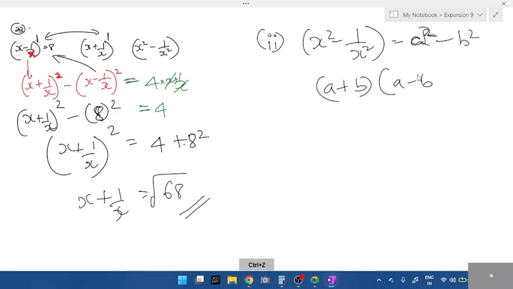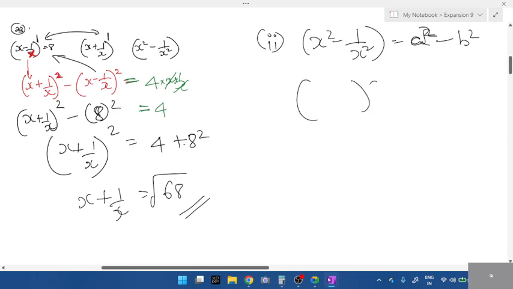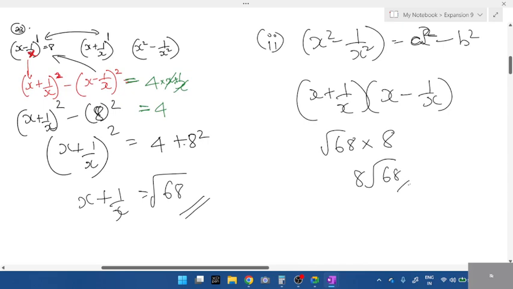You're giving all wrong answers. Here a and b are not given. Instead of that, what is given? X plus 1 by x into x minus 1 by x. What is x plus 1 by x? We found root 68, multiplied by. What is x minus 1 by x? If you multiply, it is a to 1.